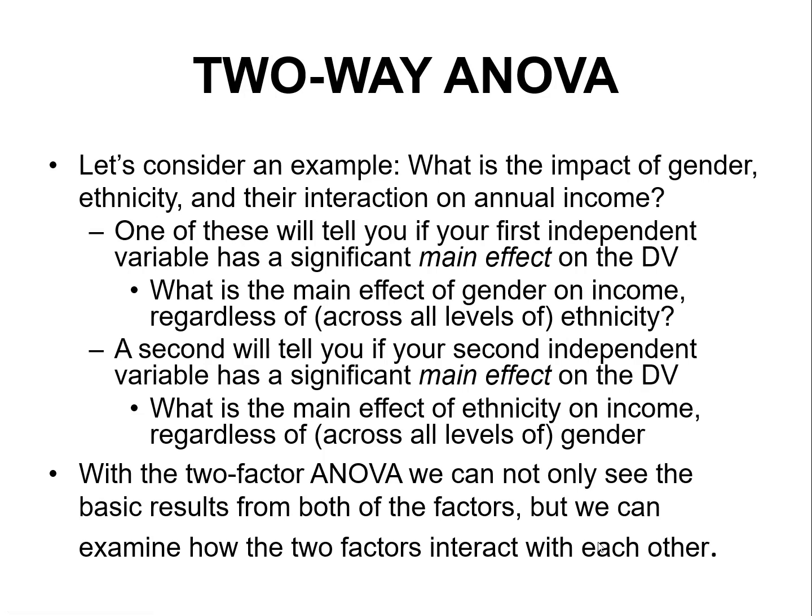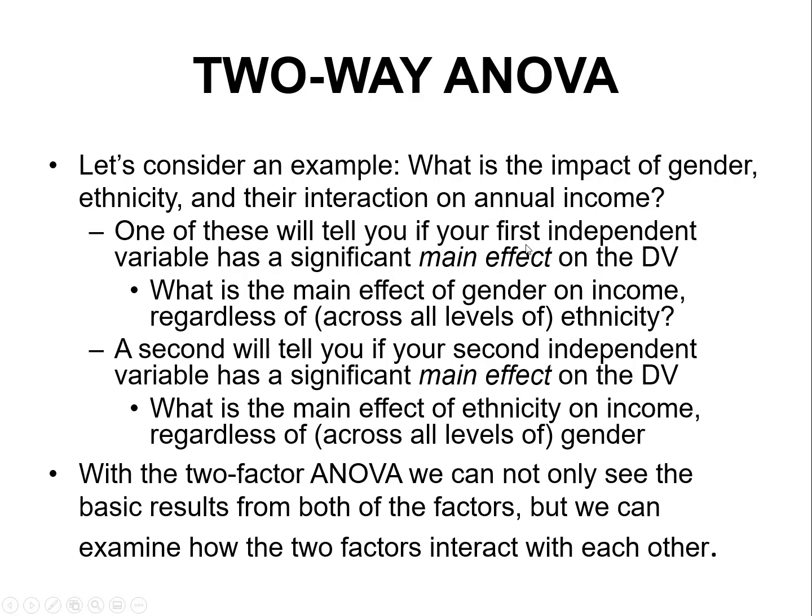In order to further clarify the meaning of two-way ANOVA, let us consider a simple example. Let's suppose we ask what is the impact of gender, ethnicity and their interaction on annual income. Now annual income is the dependent variable, and gender and ethnicity are independent because gender has no connection with ethnicity. Male or female has no dependency on ethnicity, but they have some dependency on the annual income.